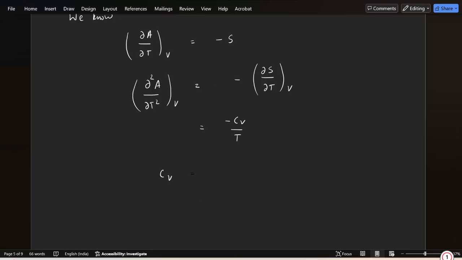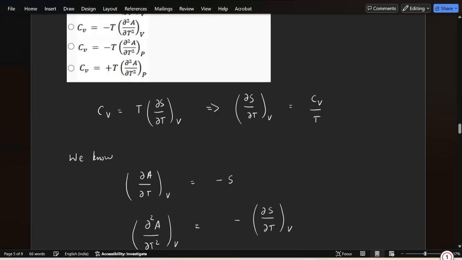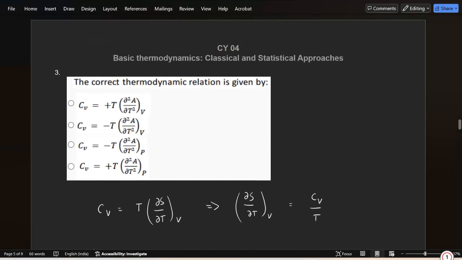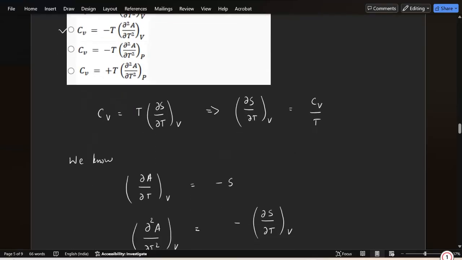So Cv is equal to minus T del square A by del T square at constant volume. That is our final answer. The second option is the correct answer.